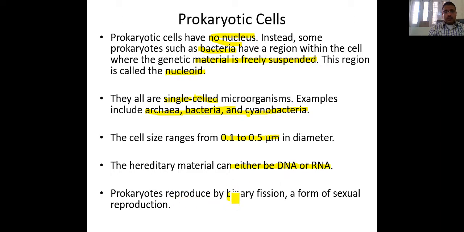There are different types of reproduction, and the reproduction which takes place in prokaryotes is binary fission. Binary fission is the process by which the reproduction takes place.